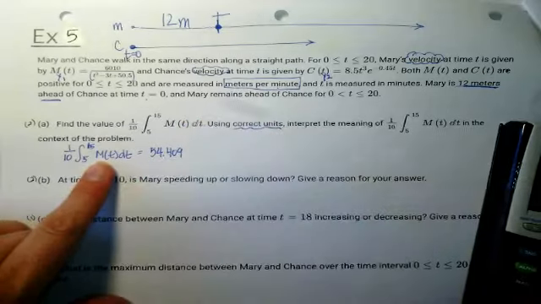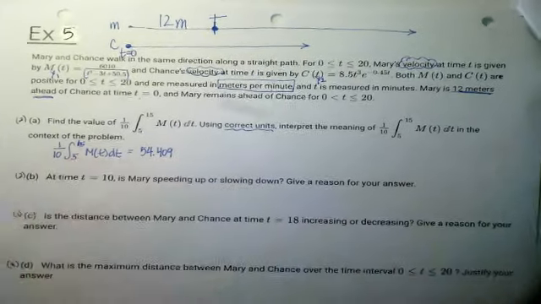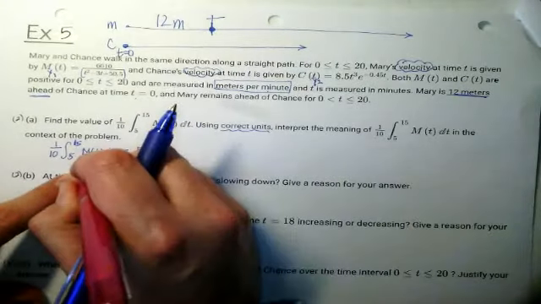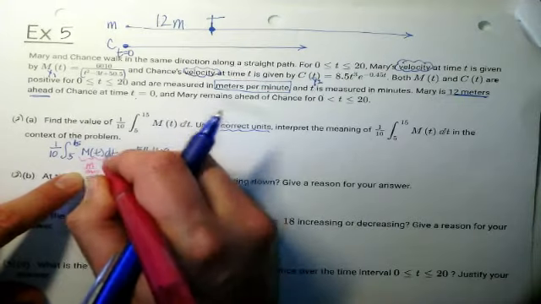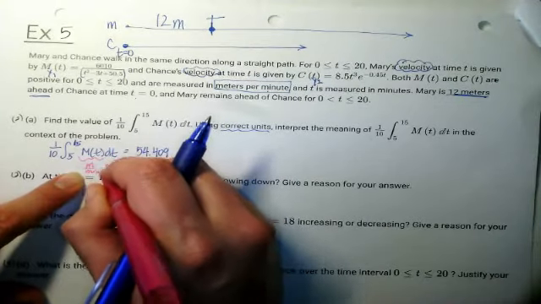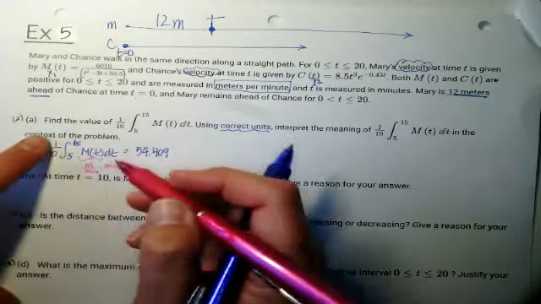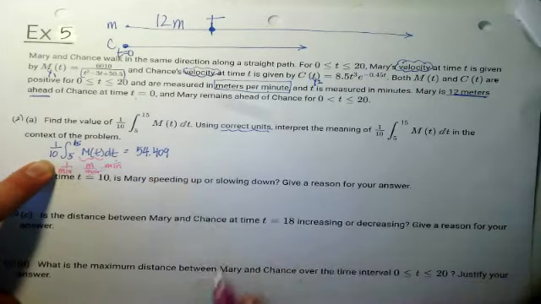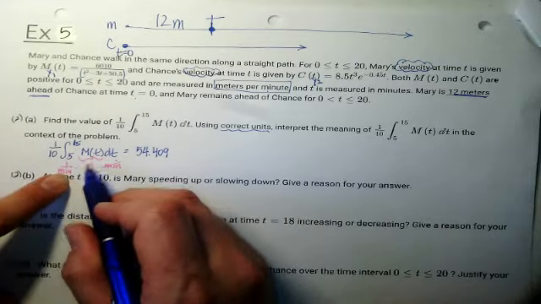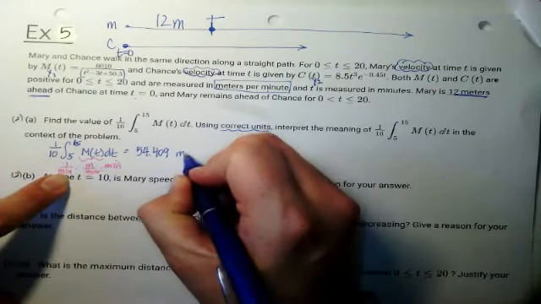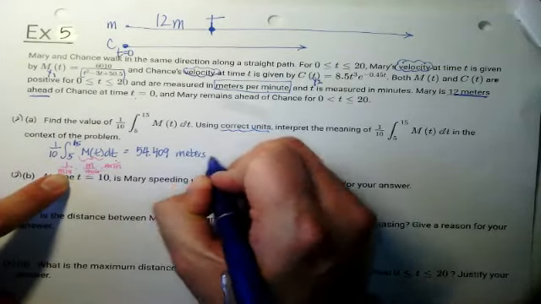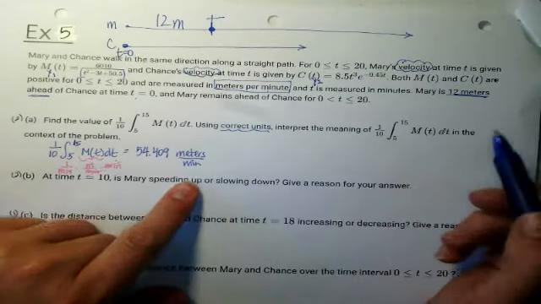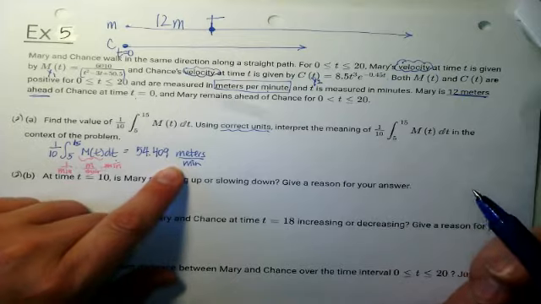All right, what are the units? Well, let's think about this. M of t, the units were meters per minute. Meters per minute. We're multiplying by the change in time. That's times more minutes. And then here, 1 over 10. 10 is also in minutes. And you can see the minutes cancel out, but we're still left with meters per minute. So what does it represent in the context of the problem?